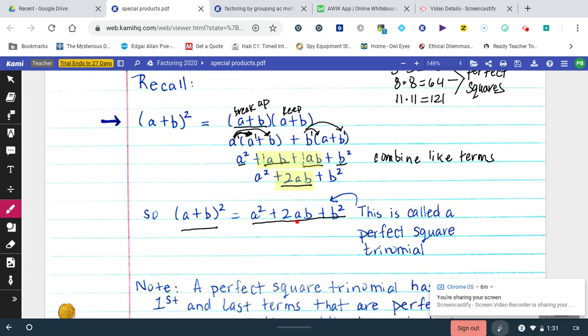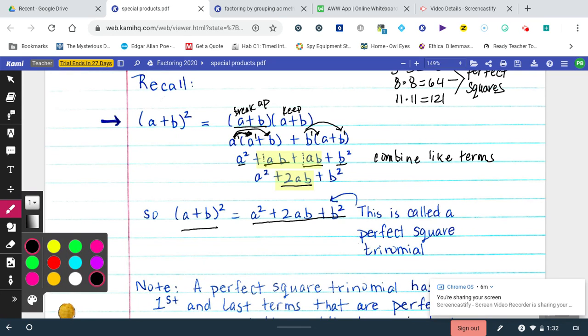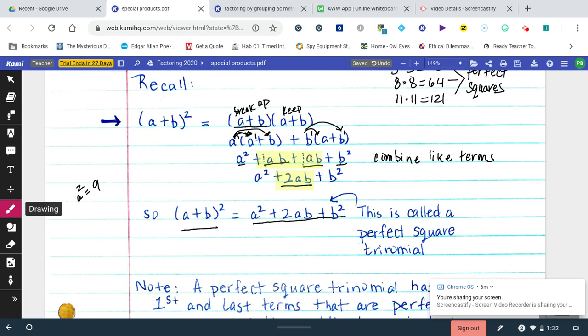The question is, how would you find A? So if I know A squared, do I automatically know A? Let's say A squared is 9. Do you know A? You should. If A squared is 9, all you have to do is take the square root of both sides, so A is 3.